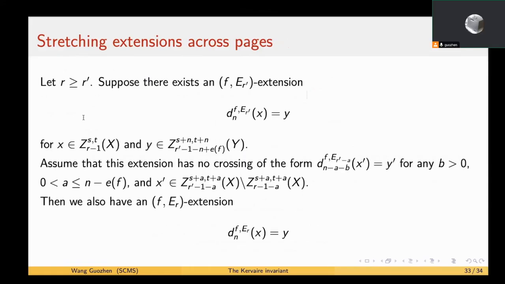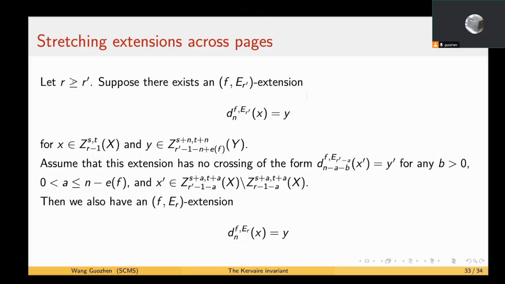So suppose we have shown that there is a F extension on the E_r' page with some small r'. We want to conclude that there is an extension on the E_r page of the same kind. We must note that this is not automatic. So in order for this to work, we need another non-crossing condition.